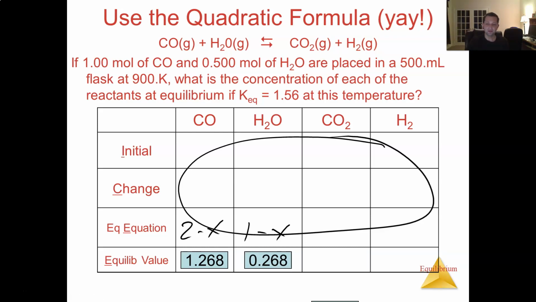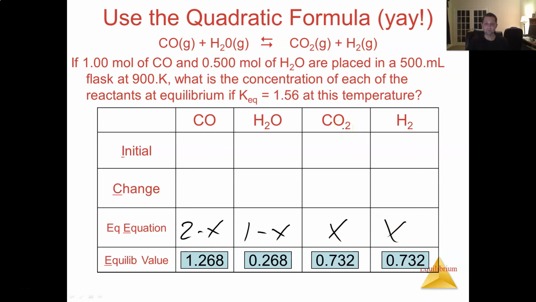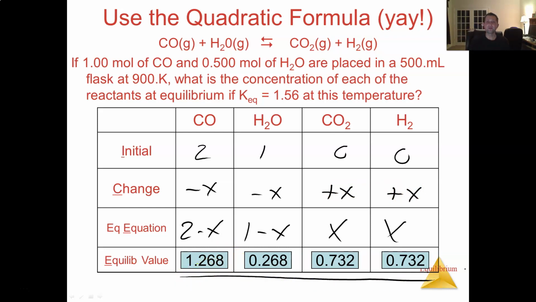And the other ones are obviously 0.732 and 0.732 because these were x and x. All right. Yeah, and this was 2, 1, 0, 0 minus x plus x plus x. You already had that. Okay, so you can see your equilibrium values for all four things.